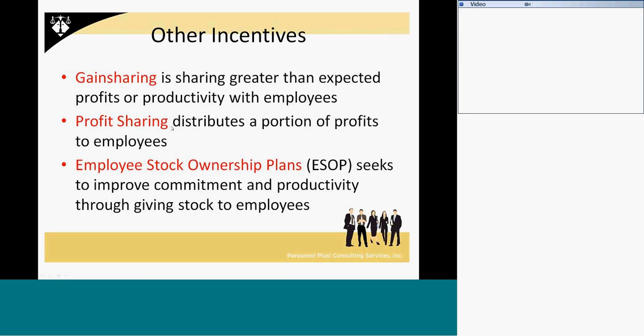Other kinds of incentives. Gain sharing is a term used to describe a situation where there's greater than expected profit. So if we're expecting $1 million worth of profit and we get $2 million, gain sharing might describe how we get that excess and we divide it based on some formula with the employees who helped create that excess profit.